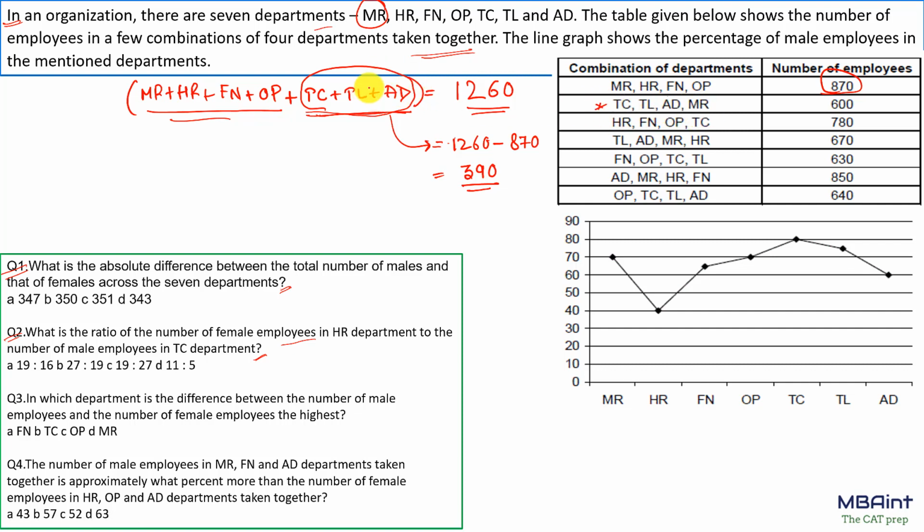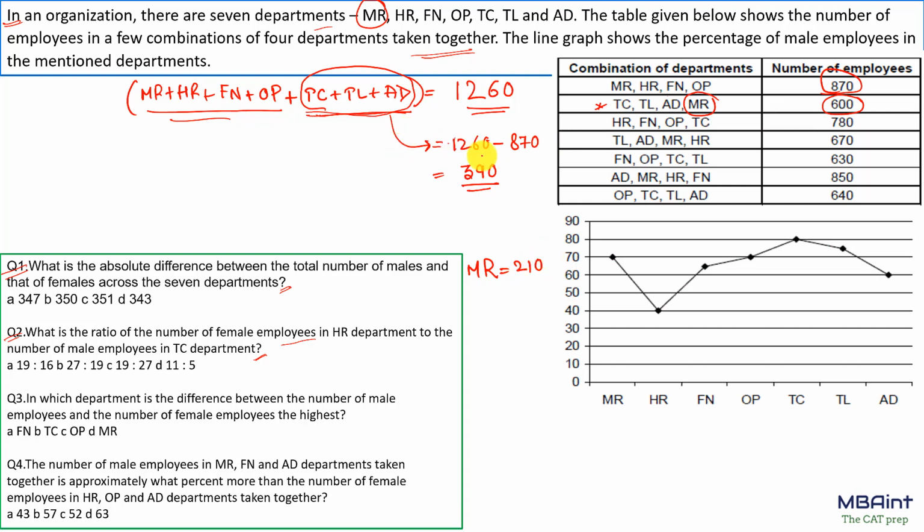Now if I subtract the value of TC, TL and AD from 600, I'll get the value of MR. Hope you are getting my point. So all 4 is 600, TC, TL and AD is 390. So the value of MR would be 600 minus 390, which makes it 210.